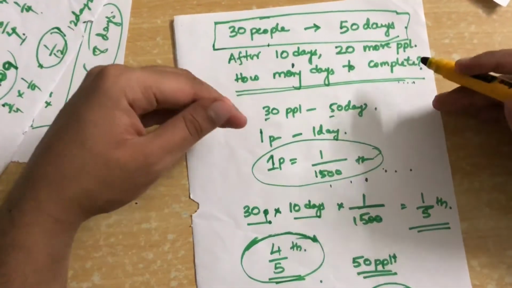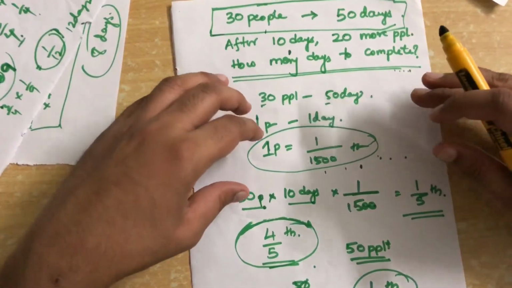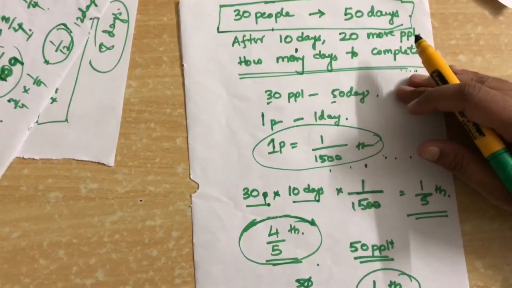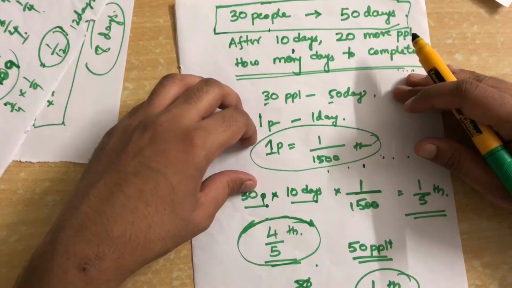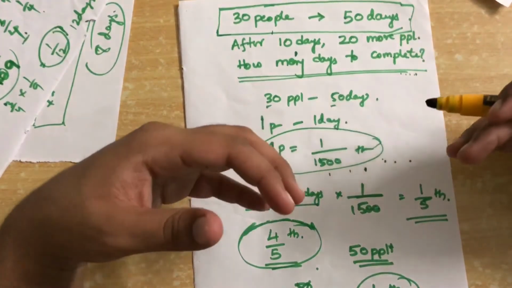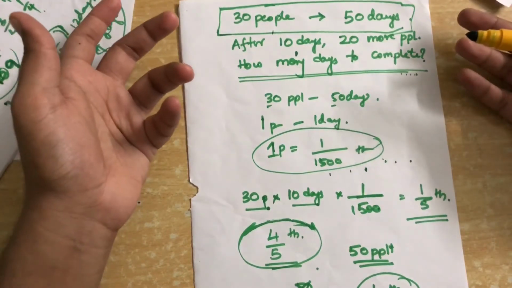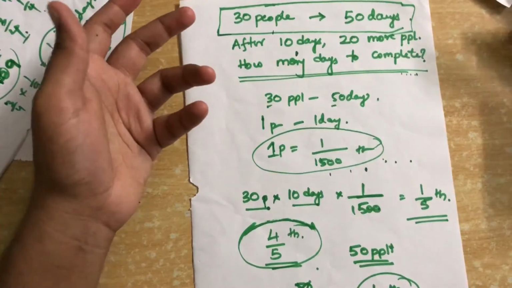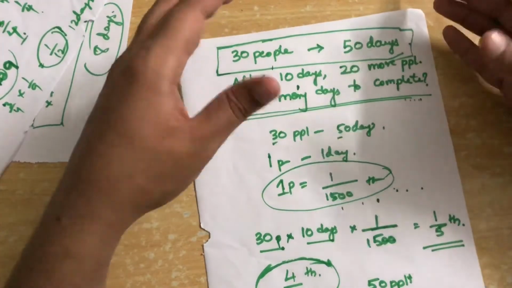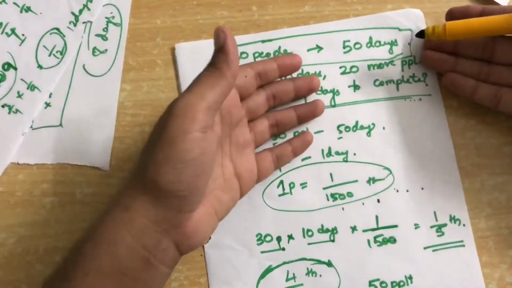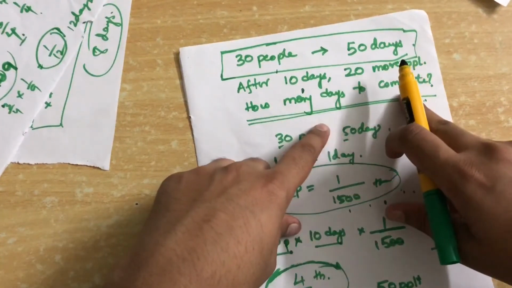Your normal simple basic question would have something like 30 people can complete in 50 days, and how much work is being done by them in 1 day, or something like that. But here in this question we have 30 people who can do the work in 50 days, and then after 10 days you are adding 20 more people.